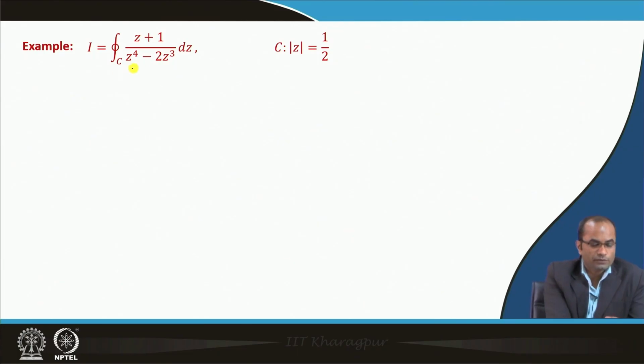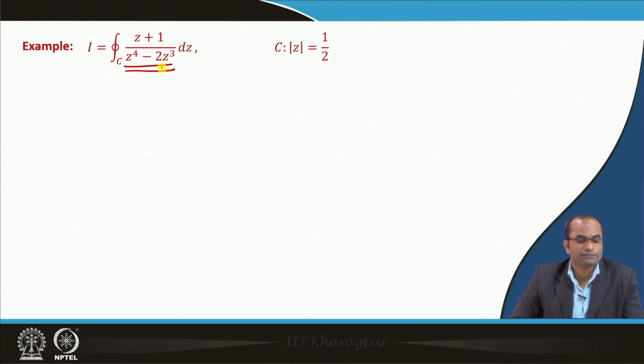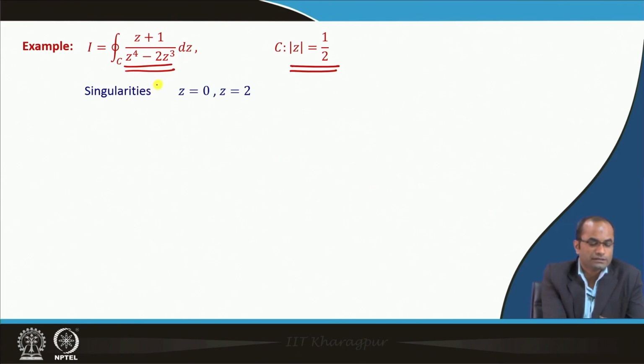So, another example now. Here we have this f(z) equal to (z plus 1) over (z to the 4 minus 2 z cube), and the circle is mod z equal to half. So, now the circle of radius half. If we discuss the singularities here, we actually have z cube and then z minus 2.